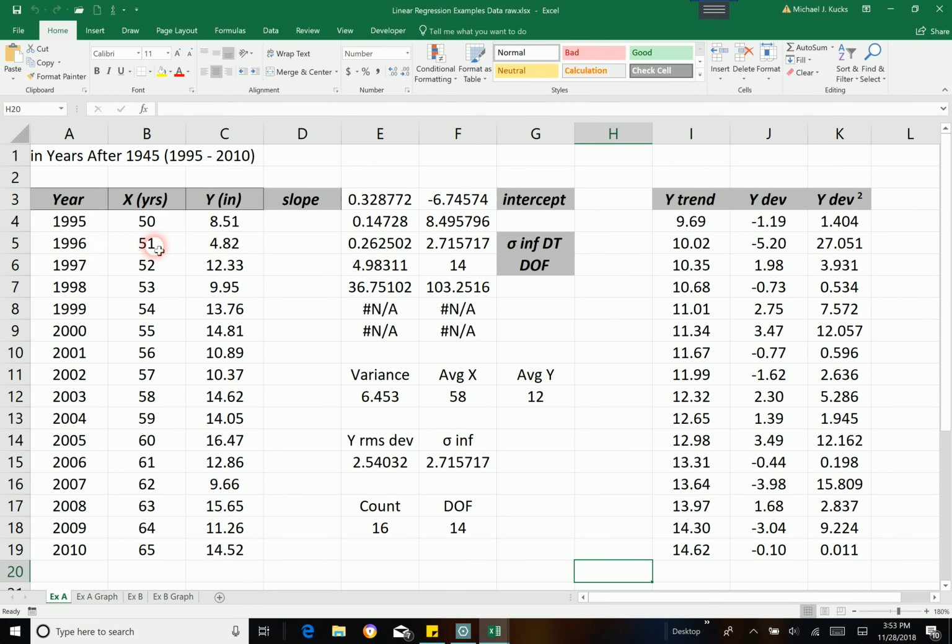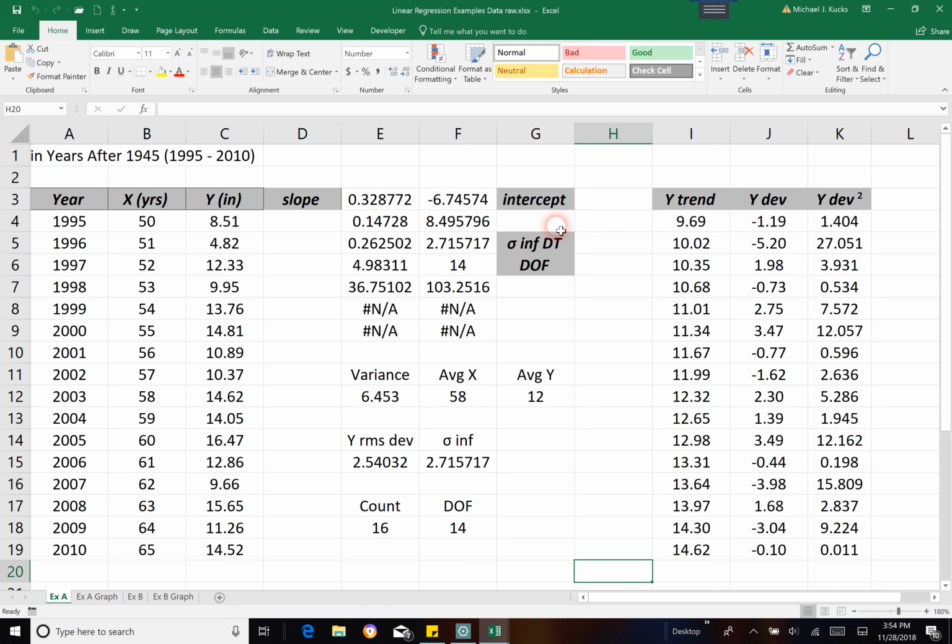We had our original data here, and then we used the LINEST command in Excel and got this block of data, this output here, where the first number is the slope, and we compared that with the equation on the graph and found that they matched. And then this was the y-intercept. We found that that matched what was on the graph as well.